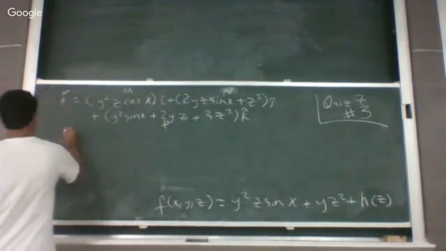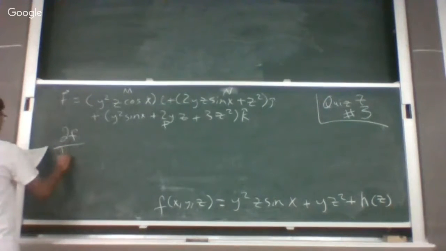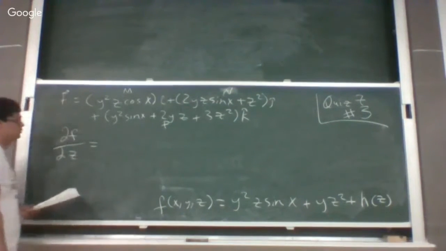So the last part is taking the derivative of f with respect to z, and that is equal to what?